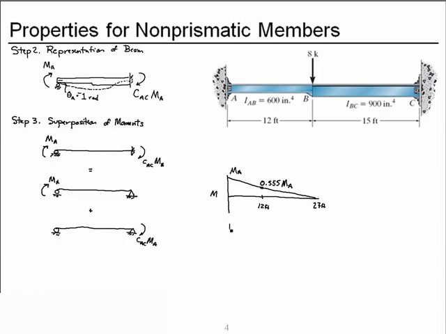Now the moment diagram for this situation. In this case, the moment starts at 0. We can see again that it's linear, and the shape it will take is concave down, so it's a negative moment.